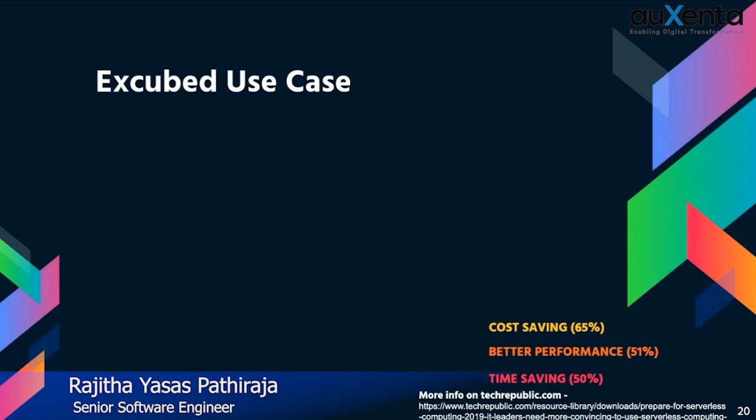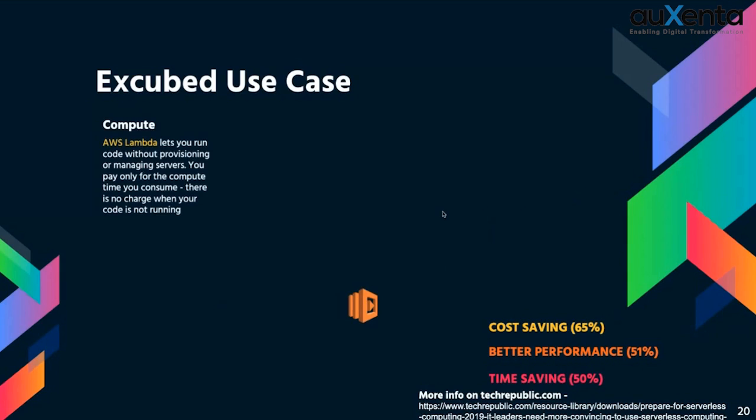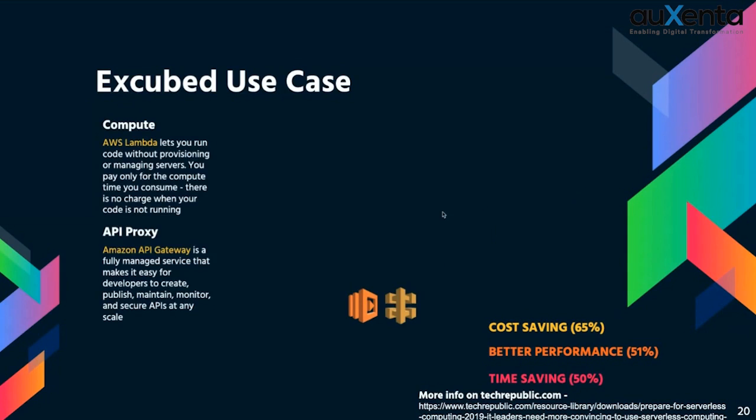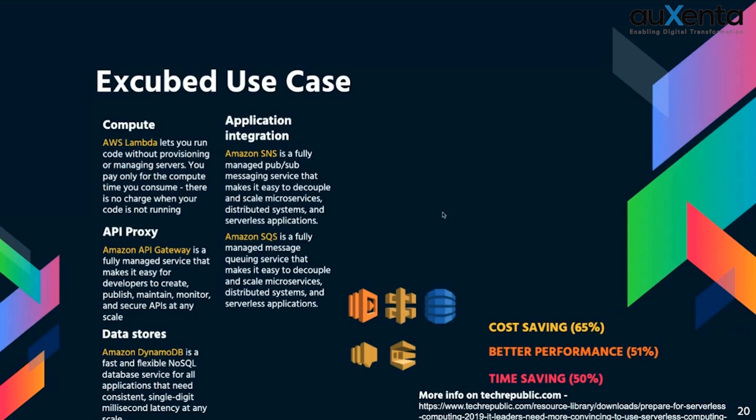So the AWS serverless platform contains 6 main types of services. In our project, we have used almost every service that they offer in our serverless platform. For example, we use AWS Lambda. For the API proxy, we use Amazon API Gateway. To store data, we use Amazon DynamoDB, which is a NoSQL database. For application integration, we use Amazon SNS, which is Simple Notification Service, and Amazon SQS, which is Simple Queue Service.